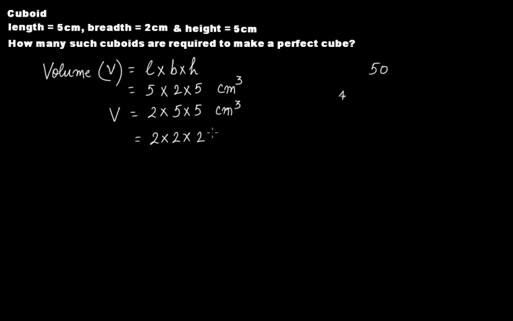Then you again make it 3 times for 5, so 5 times 5 times 5. You have used it just one time because 2 5s were already there.